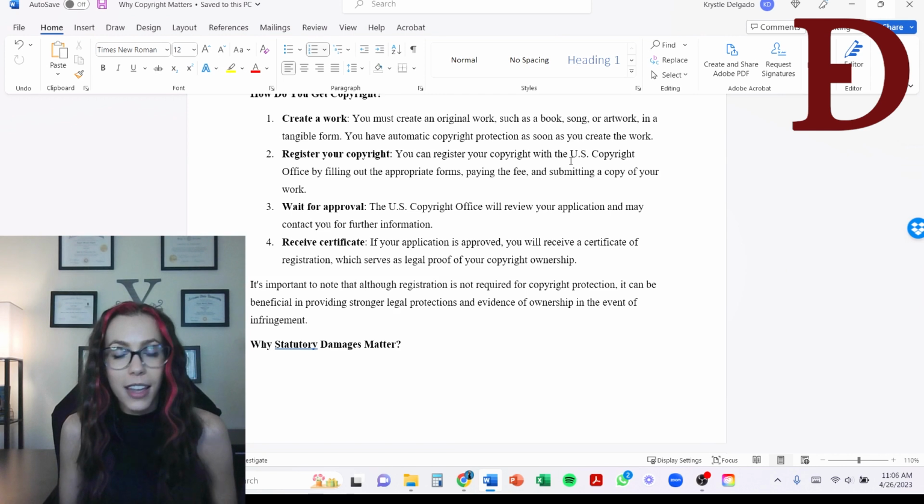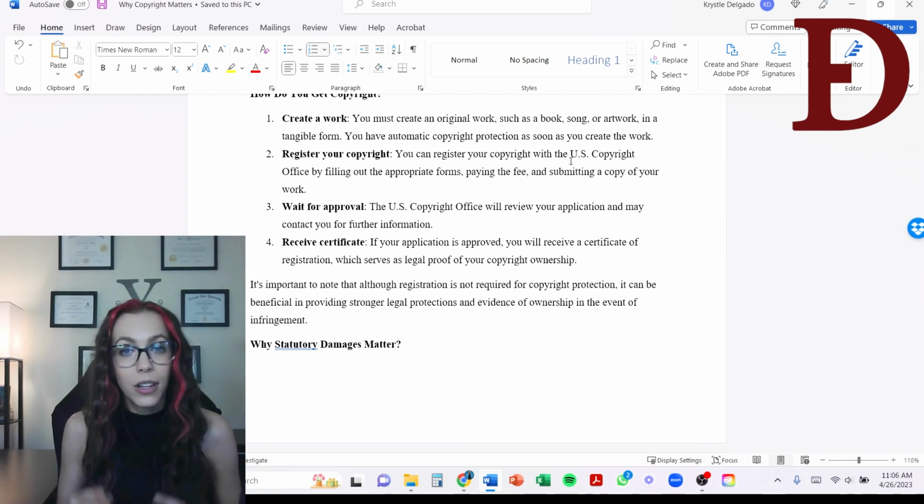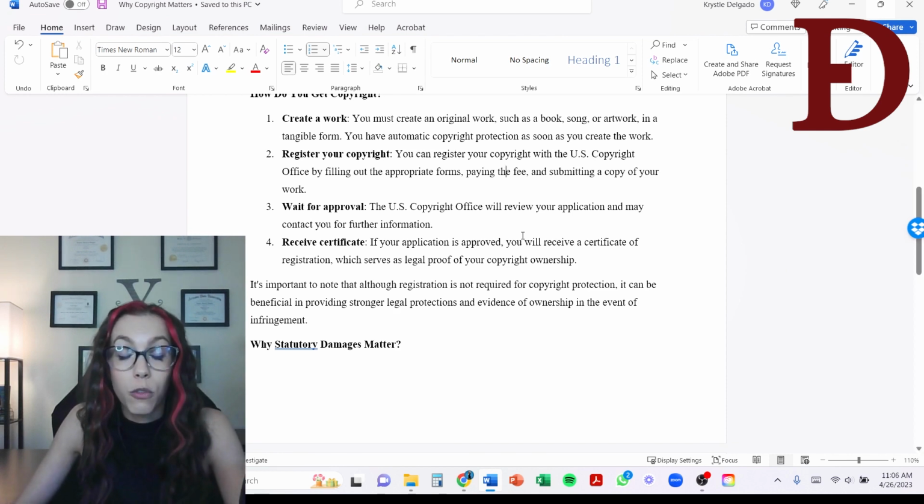The difference is that you can get what are called statutory damages, which we're going to talk about in a second. But also it's a prerequisite. If you ever have to enforce your copyright for any reason, the court is going to say, where's your piece of paper saying that you registered your copyright? If you don't have it, it's going to hold you back for months and months, if not longer. That's why we're just going to do it early on.